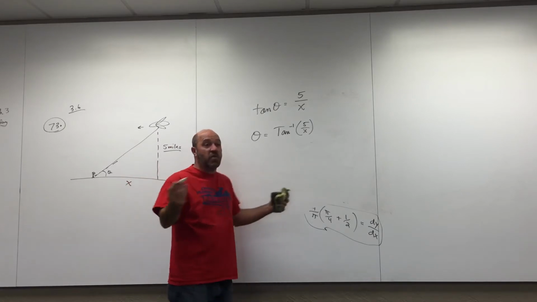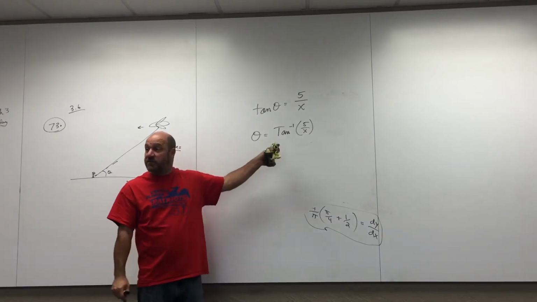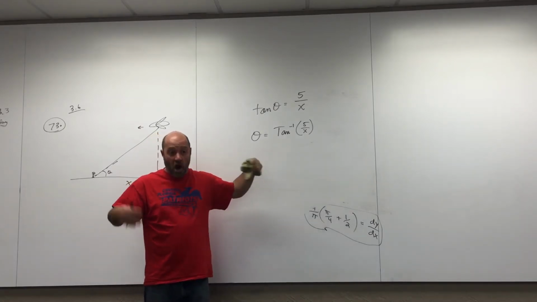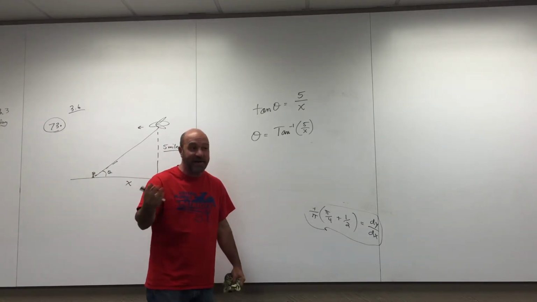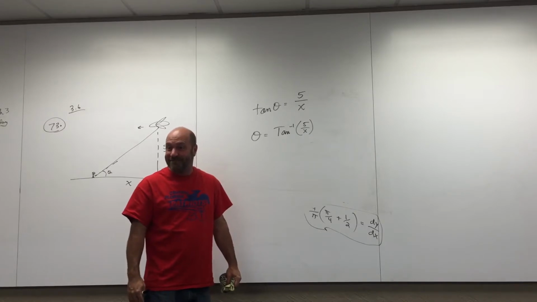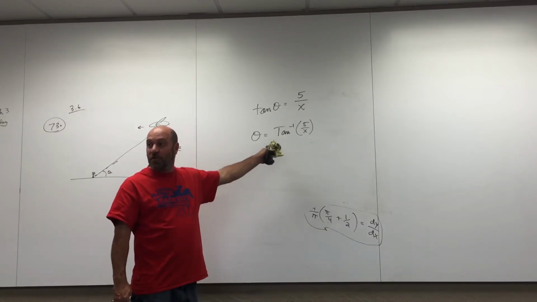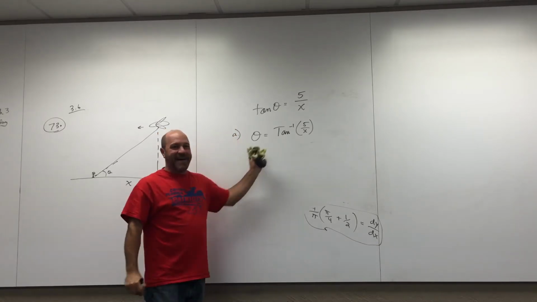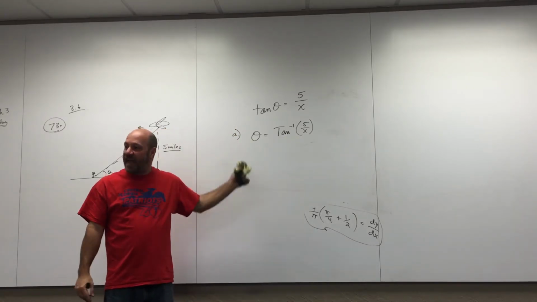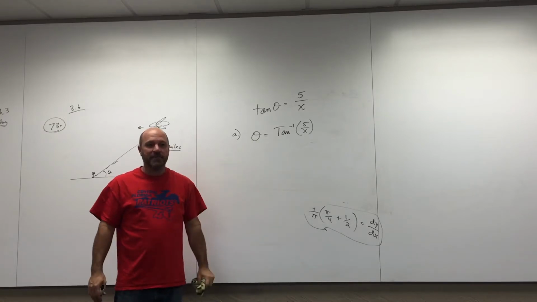I use these words interchangeably, right? Tangent inverse or arctangent. I can say either one and I can write either one. They're the same. But anyway, I just answered part A. Find theta as a function of x.